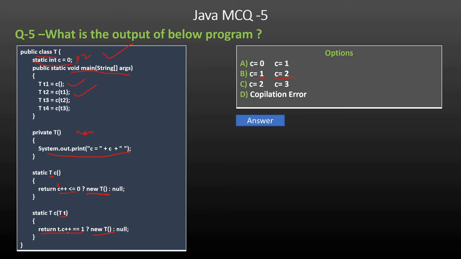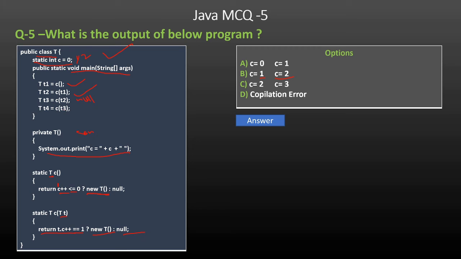The increment will happen after this comparison, and this condition is not satisfied, so it will return null. So T3 will be a null value, null will be assigned to it, and no constructor will be called this time, so it will move to the next one.